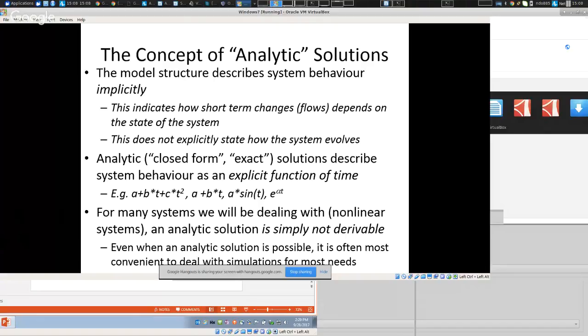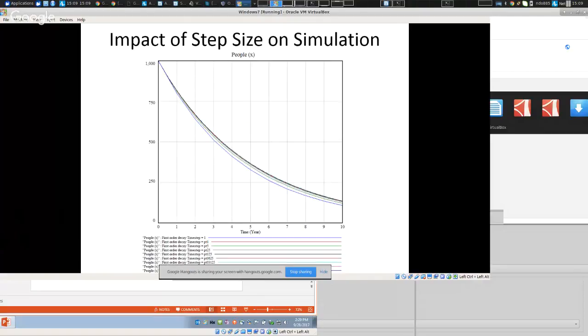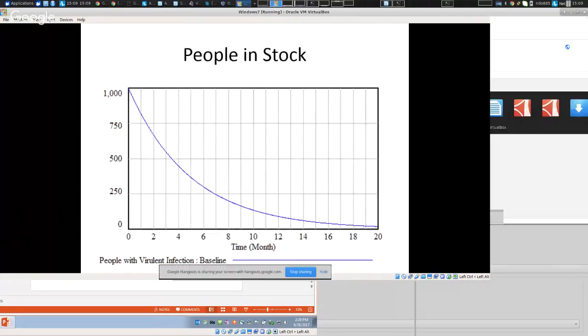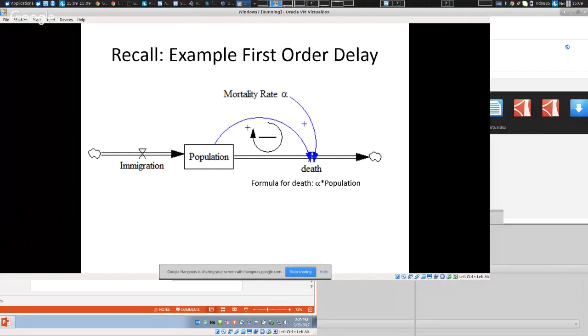a solution that's consistent. And I want to introduce in here this notion of an analytic solution. The idea is here for certain problems, and this happens to be one of them. This one where we have a very simple linear system like this. Most of the systems, almost all the systems we're going to be looking at going forward, starting next lecture and onward, they're going to be nonlinear systems.